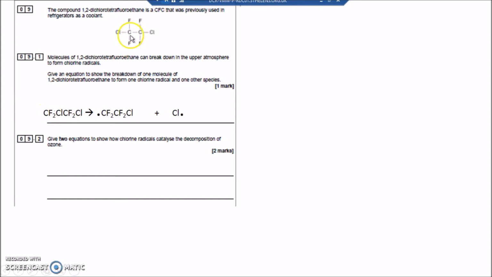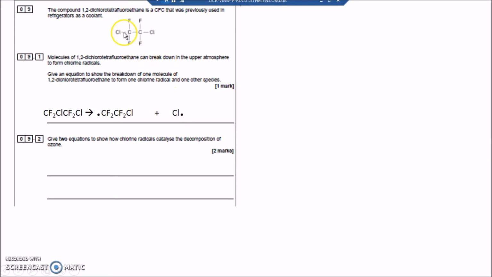So what you've got is CF2Cl CF2Cl, so I've drawn it as a condensed formula here, goes to, I've broken off this Cl here, but I could have broken off the Cl at the other end. So I've broken this, and this carbon here now has got a dot, and the Cl has got a dot as well.